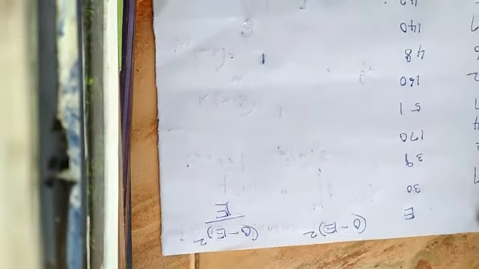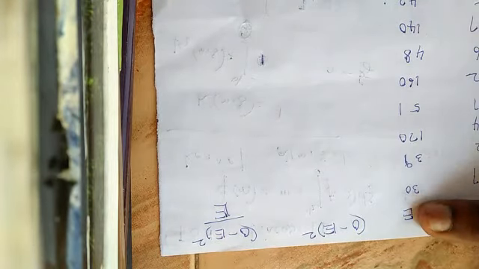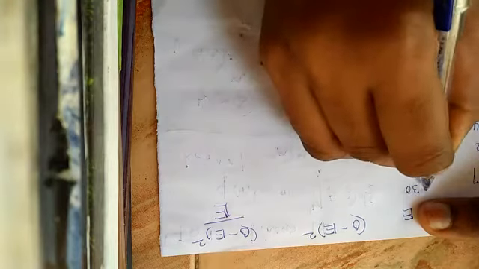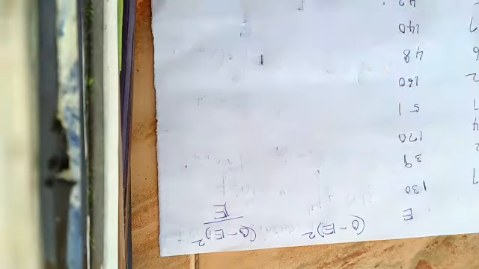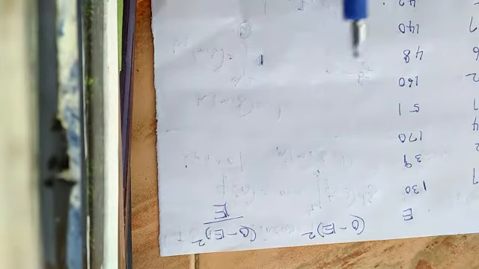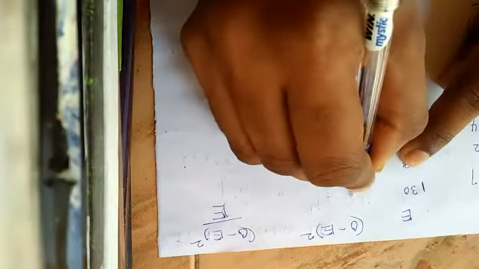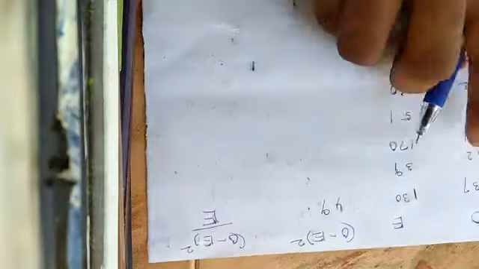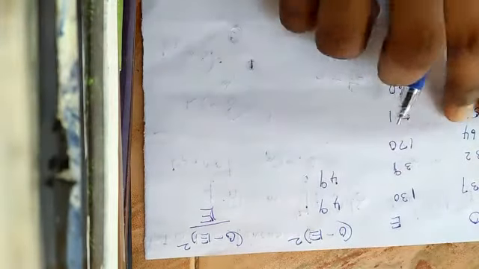O minus E square: 137 minus 130, sorry, 130, is 7. 7 square, 49. Here 32 minus 39, also 7, 49.